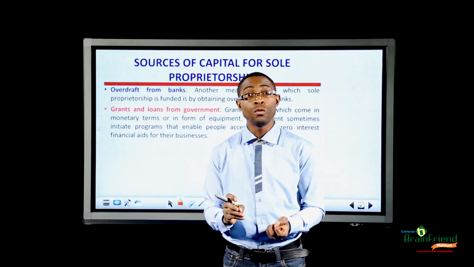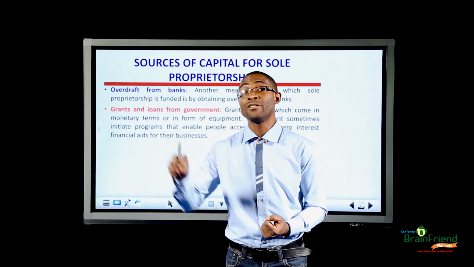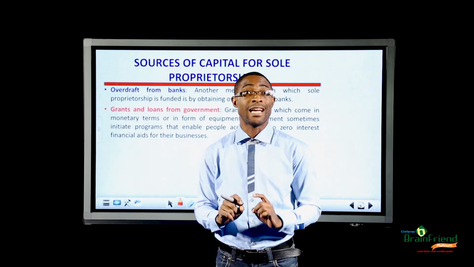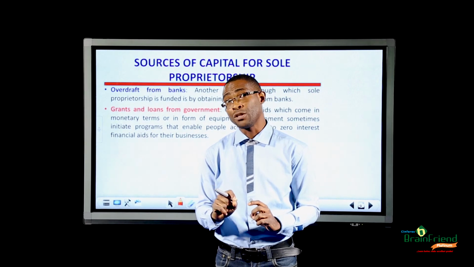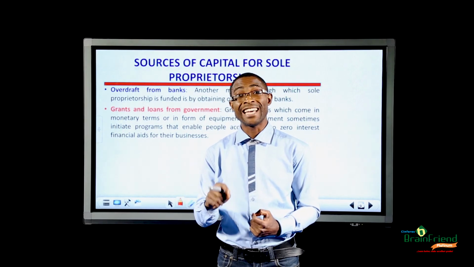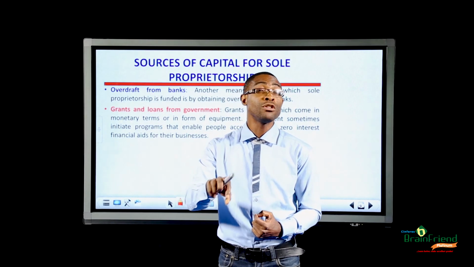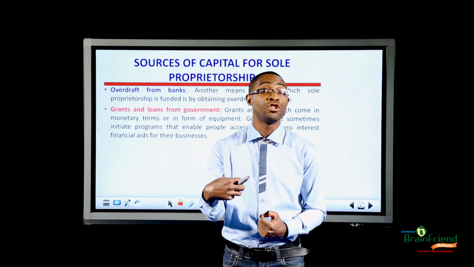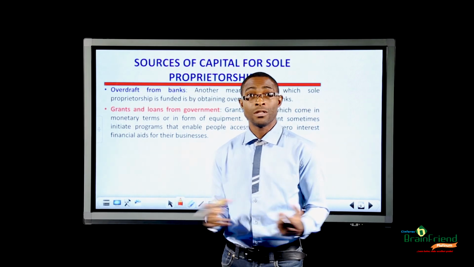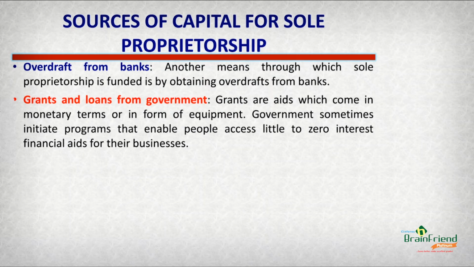So by doing so, the bank, knowing that there is a regular source of income coming into Mr. Okonkwo's account, can actually give Mr. Okonkwo an overdraft where he gets to withdraw the amount of money he would have withdrawn if there was actually money in his account. That's bank overdraft for you.